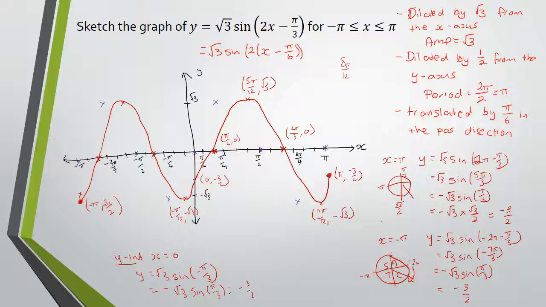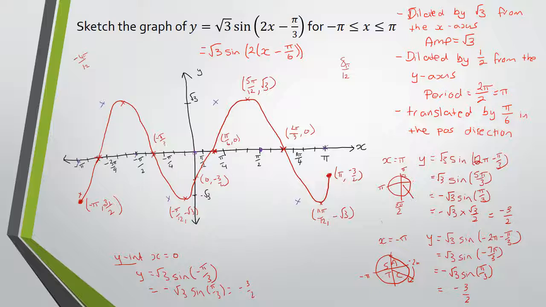My minimum point here used to be at 3 pi on 4, which is the same as 9 pi on 12. Add 2 to that, I get to 11 pi on 12, and my minimum value is negative square root of 3. We can do the same thing for all of our other points here to get our other coordinates.